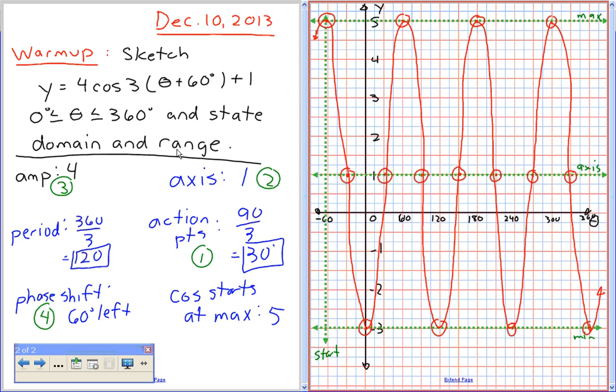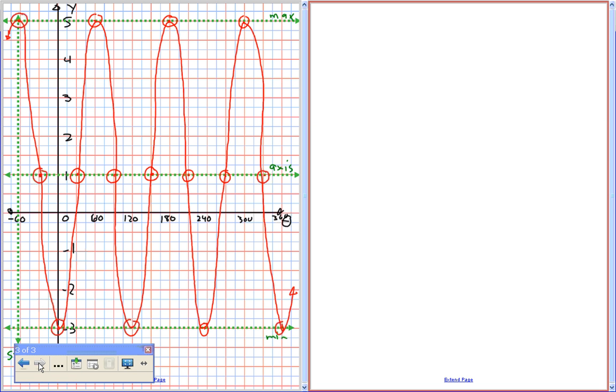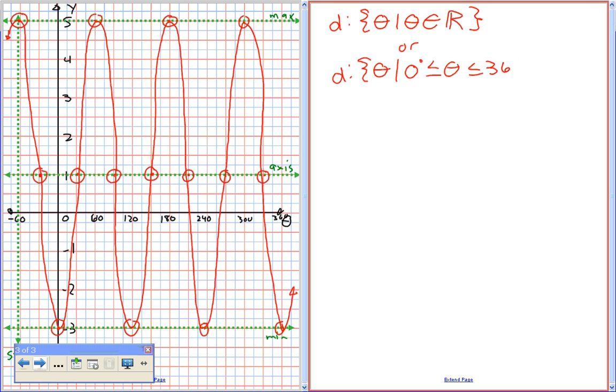Domain and range is what? Jared, go. Data is any real number. Now, I'm also going to throw a little curveball on you.